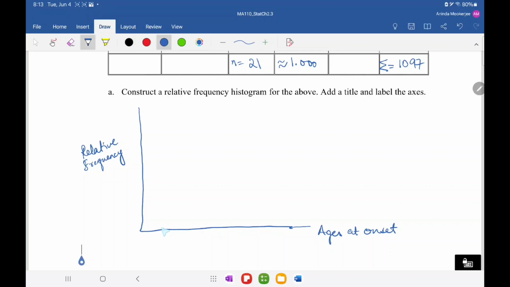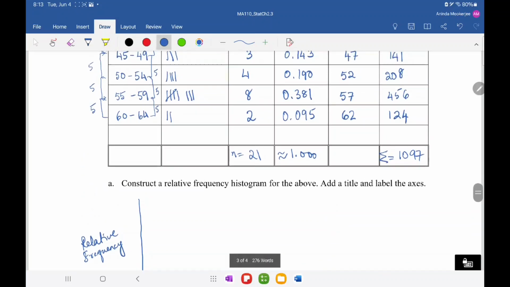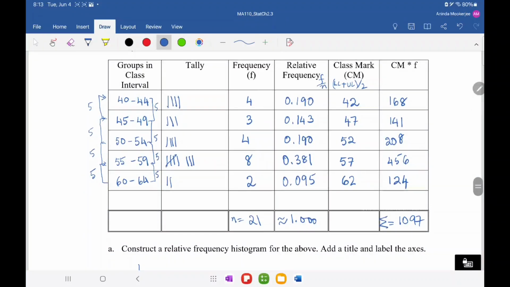So we are going to scale our x-axis with the ages. However, the ages are in interval form. So that's another reason why I created a class mark column. I'm going to use these class marks instead of the intervals.